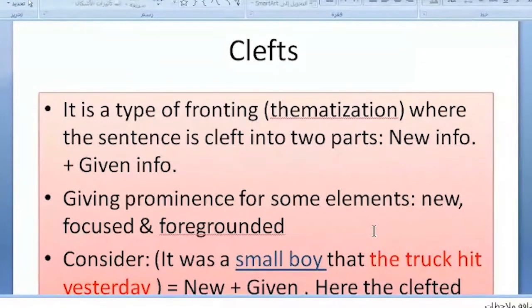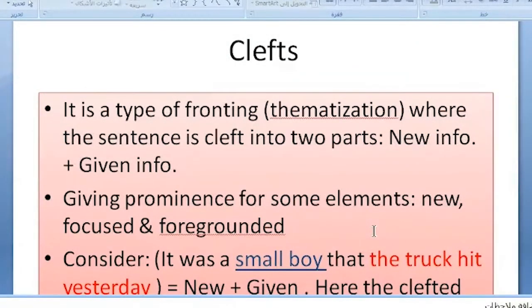Grammarians and linguists say that when you thematize an element, يعني عندما تضع عنصر من عناصر الجملة في بدايتها، هذا معنى thematize an element. When you thematize an element, you give that element prominence. تعطيه البروز، تعطيه الأهمية. You give it focus, you give it emphasis, you give it importance.